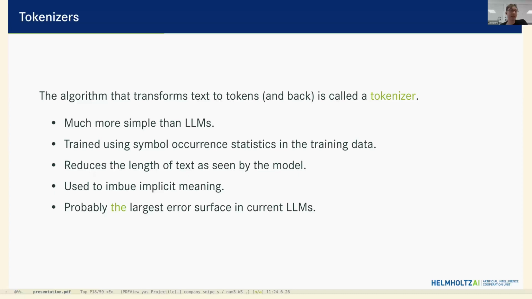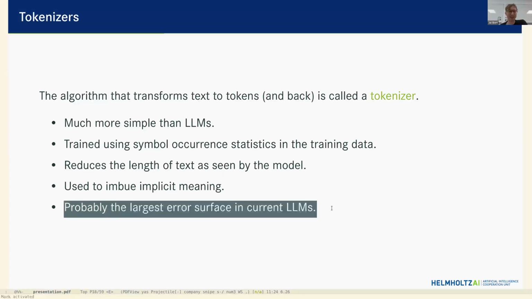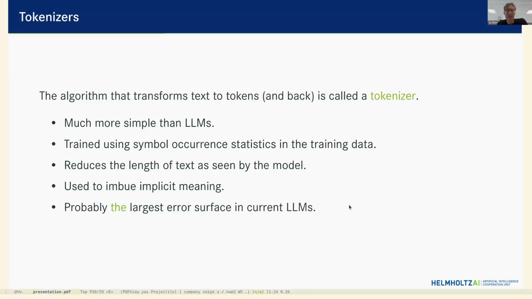Another advantage is that they can be used to imbue some implicit meaning. And I have an example on the next slide for what I mean by this. Also, tokenizers are probably the largest error surface in LLMs. So whenever anything is going wrong, usually the first thing to look at is the tokenizer. And most of the time, you will figure out that something is going wrong in the tokenization somewhere.